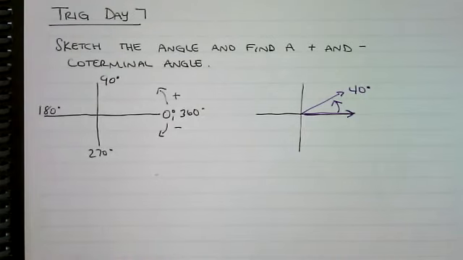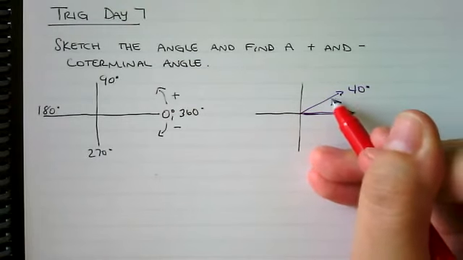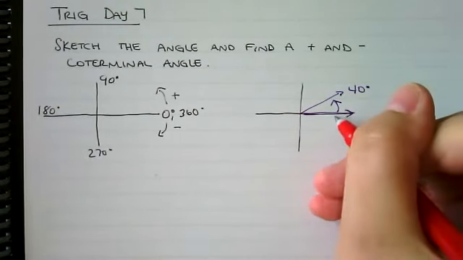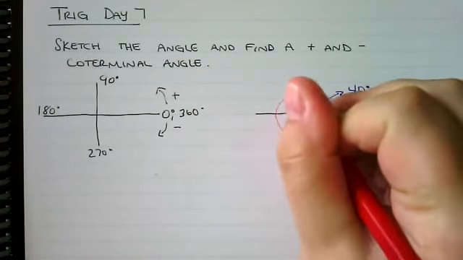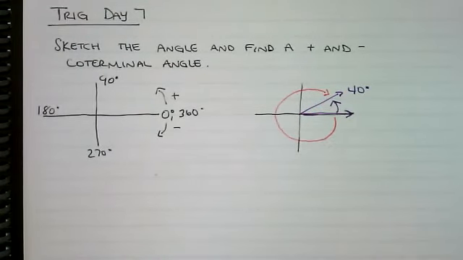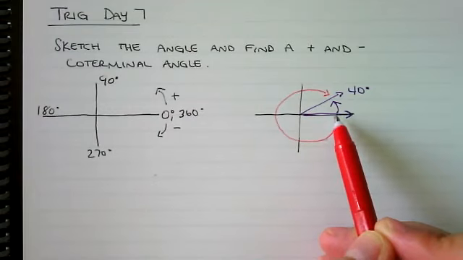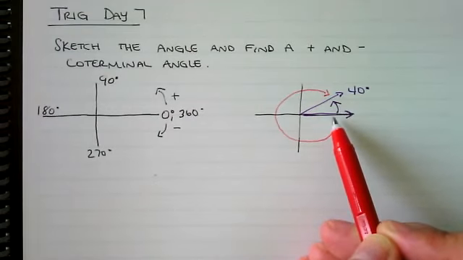Now there's a whole bunch of other ways that I can start here and end up here. I don't necessarily have to go this way. What if I went backwards, and I went that way? If I'm looking for a coterminal angle, I know that this whole thing is 360 degrees, but I'm not using this 40 degrees here.